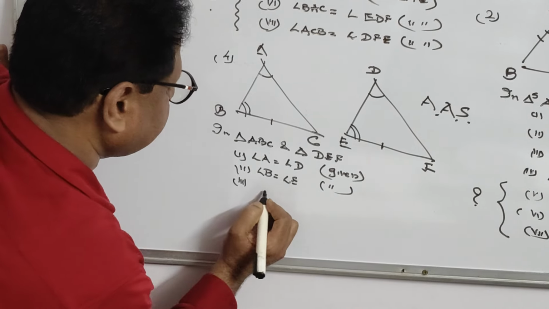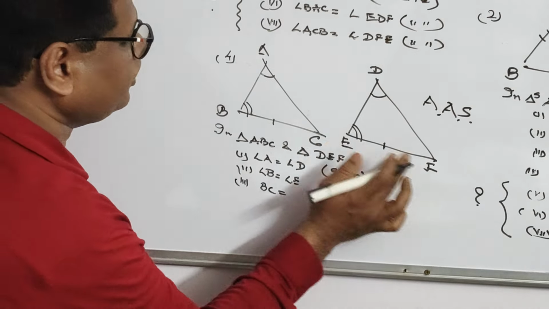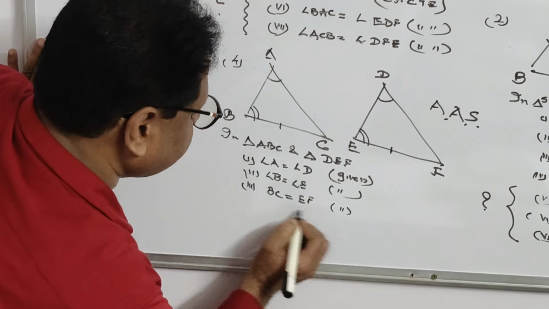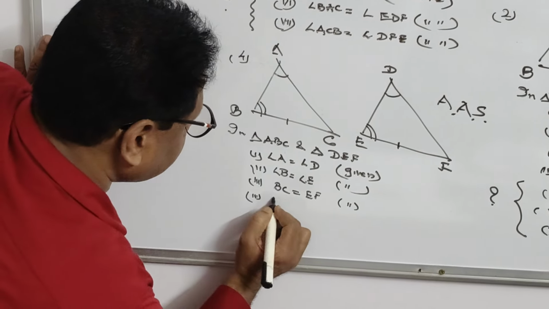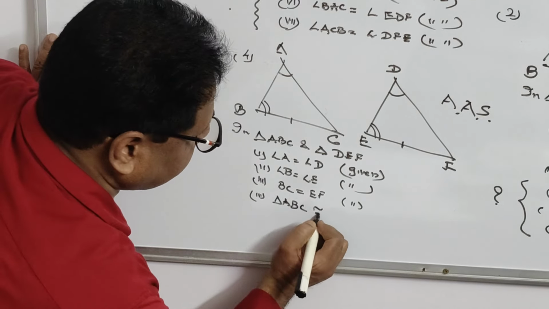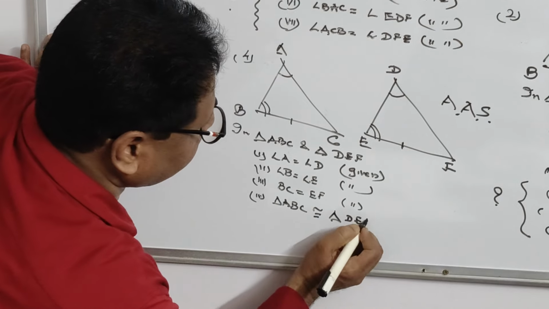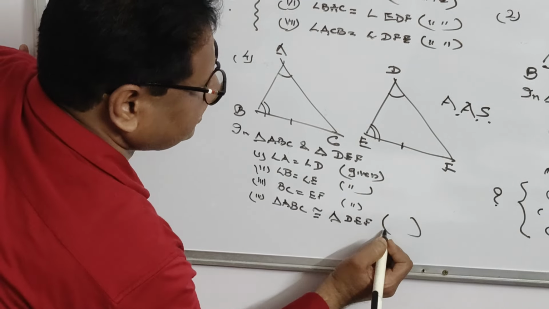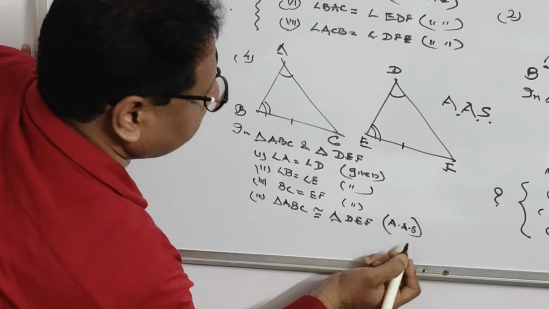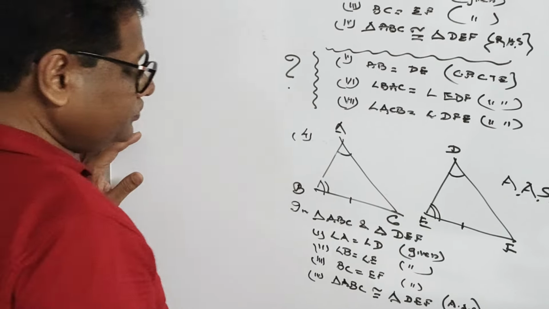And third is side BC equals side EF. This is also given. So fourth step, triangle ABC is congruent to triangle DEF, by angle, angle and one side. The sequence has to be followed.